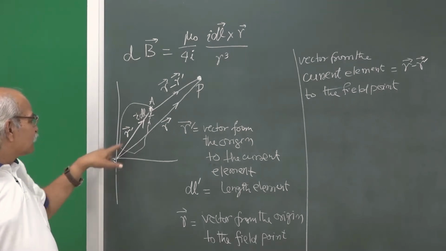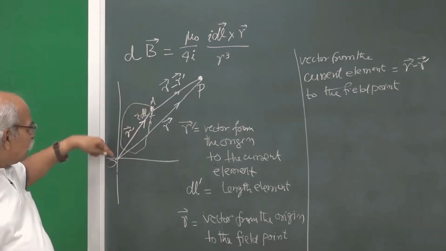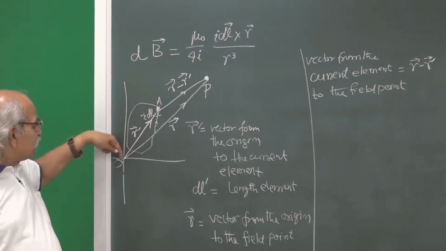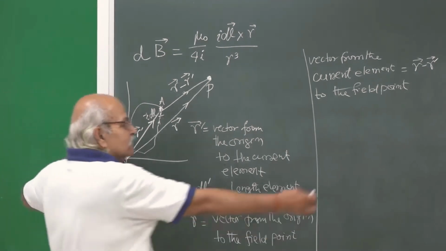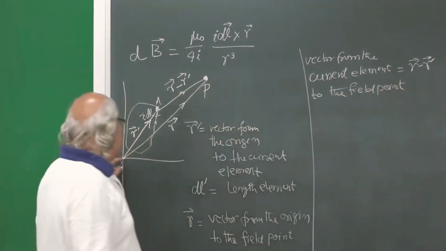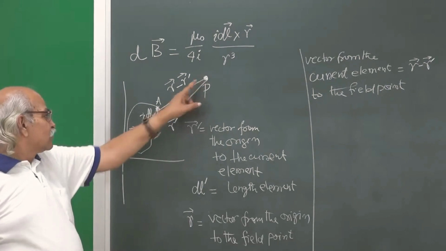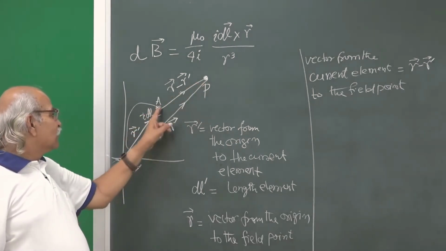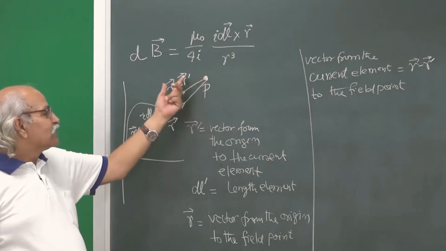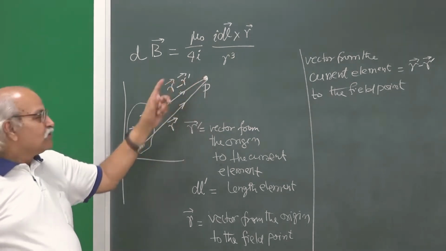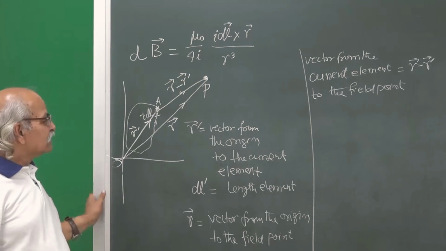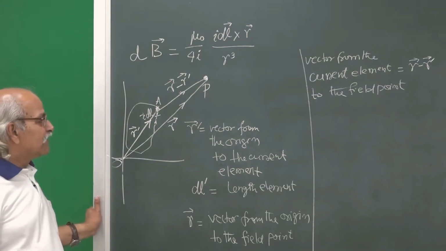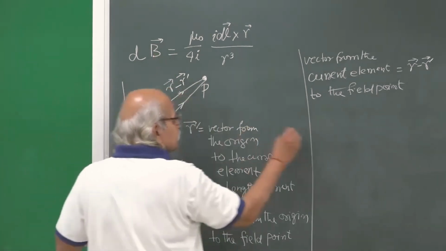So, minus r prime will be A to O, and then plus r is this. If you come from here to here and then here to here, you add these two vectors, you get that AP. So, this is that vector from the current element to the field point.